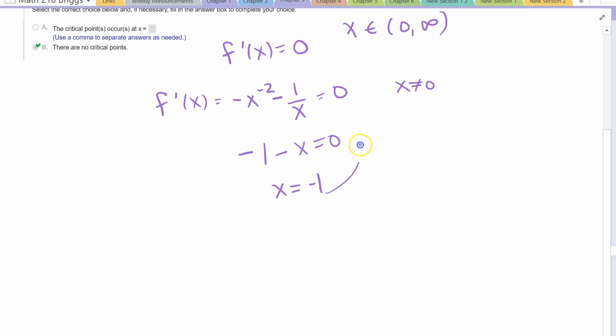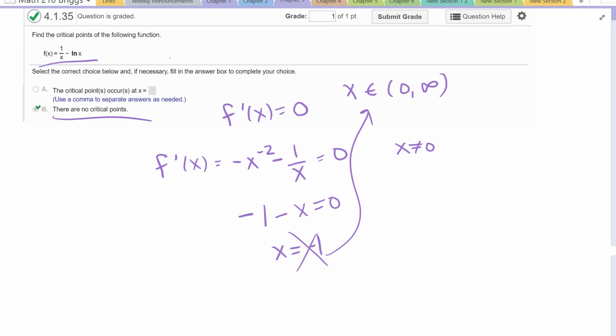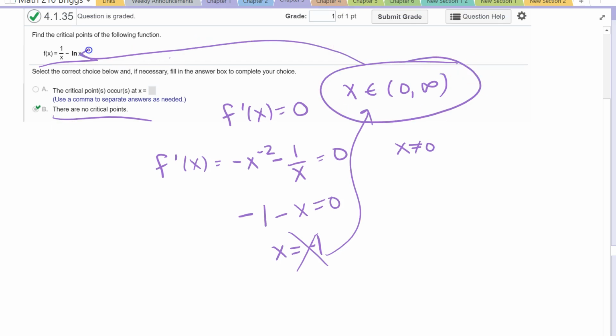That's my only critical point, but it's not in the domain, so there are no critical points. 0 and minus 1 aren't in the domain of the original function, so they can't be critical points because the graph of that function doesn't exist at those points.